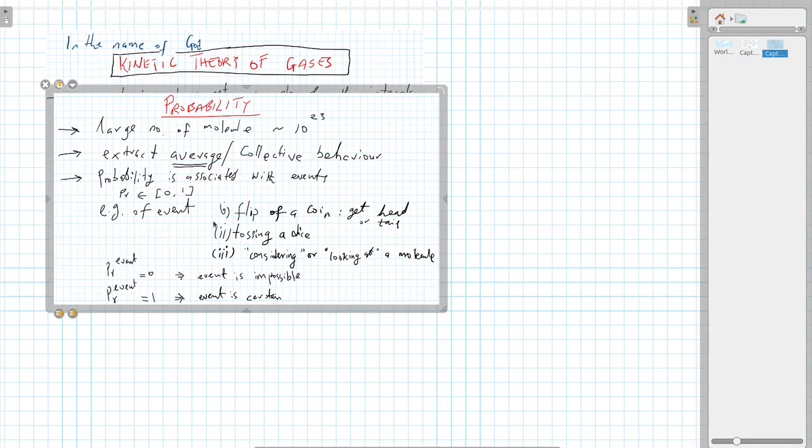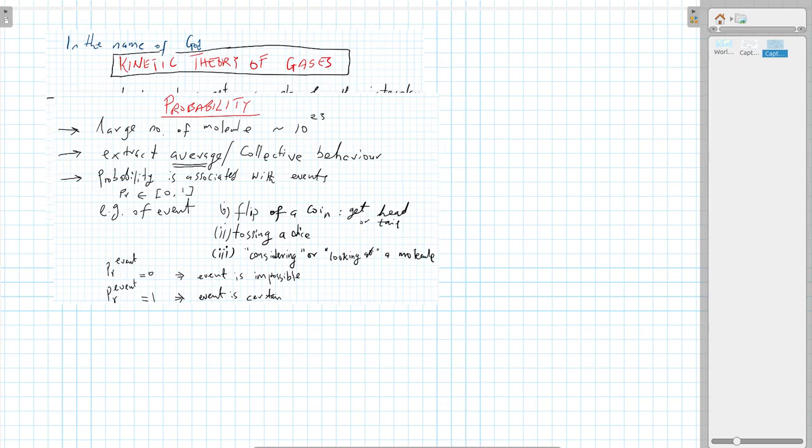Welcome back. Last time we saw a general introduction about this subject, which is the kinetic theory of gas. A general introduction was made, and then a lecture introducing or reviewing the concept of probability.